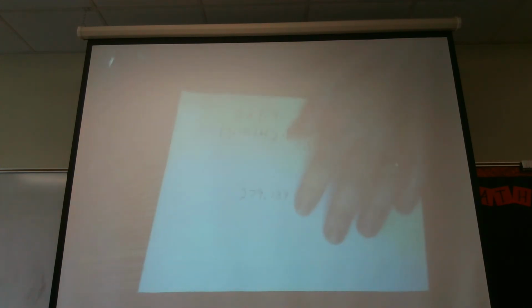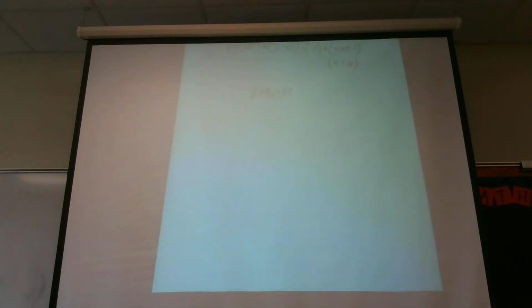Yeah. So if we have the number 279 and 139 thousandths. So somewhere on your paper, try and write this in expanded form. I'll give you a minute to write it in expanded form, and then I'll write it down.